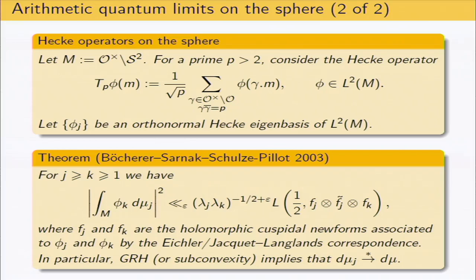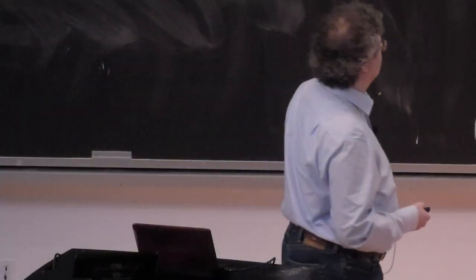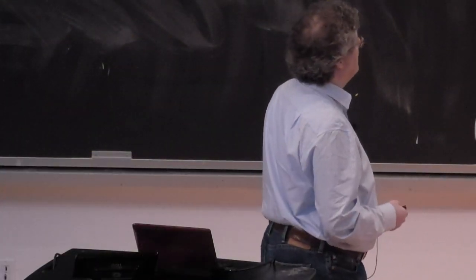And if you look at this formula and you analyze what kind of inequality follows from that exact formula, this inequality follows. Here Fj and Fk are the Jacquet-Langlands lifts of the Maass forms on the sphere. They are holomorphic cuspidal new forms of level 2. The point is that Fj and Fk have exactly the same Hecke eigenvalues as the original forms. So you can think of this triple product L-function as coming from these Hecke eigenvalues of phi j and phi k.